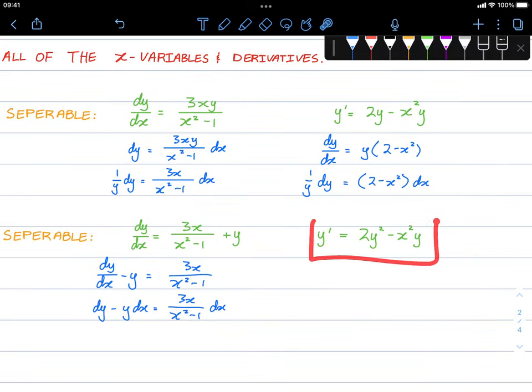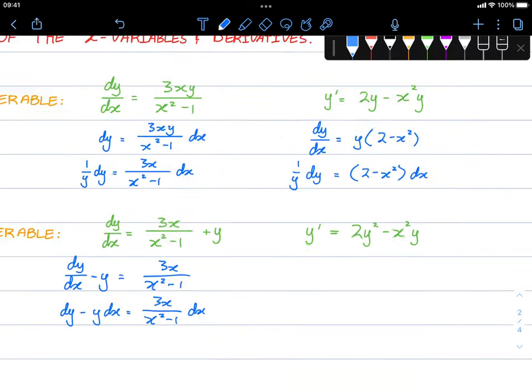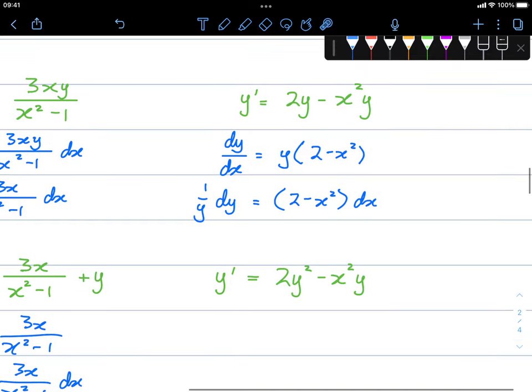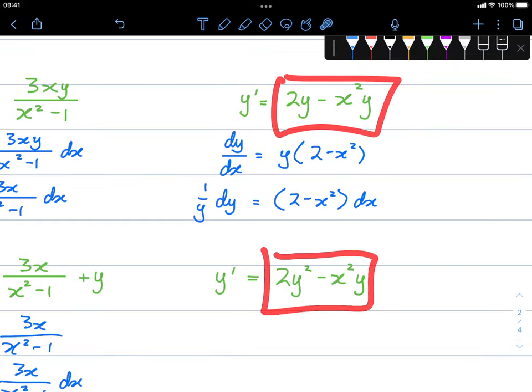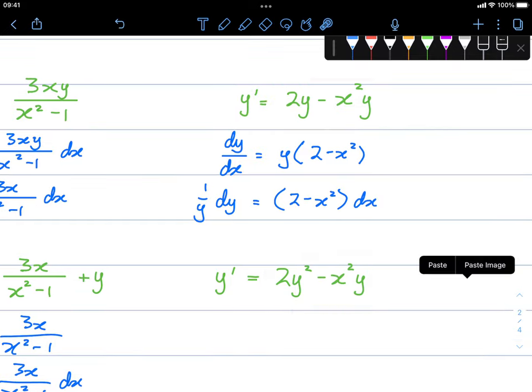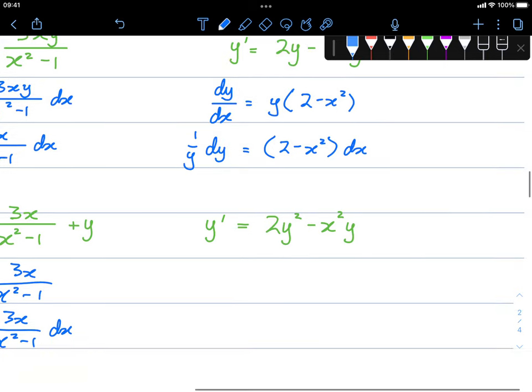Likewise for this one, I'll demonstrate again. Notice there's a very slight difference. We just made this one y squared. So when we factor out y, we get 2y minus x squared.